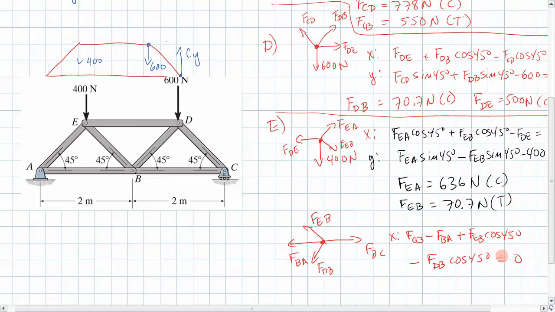And then I can solve for FBA, and I get 450 newtons, and that's going to be in tension.